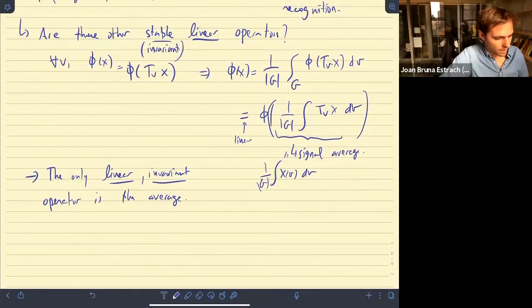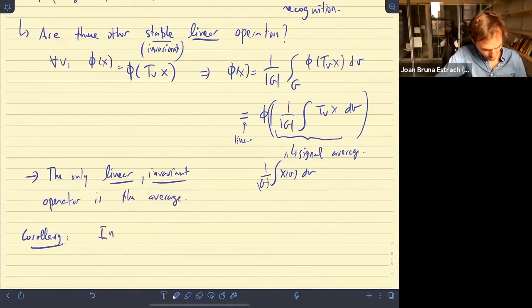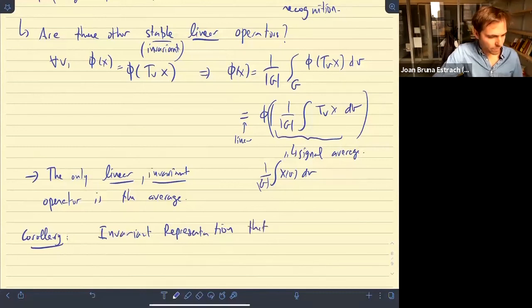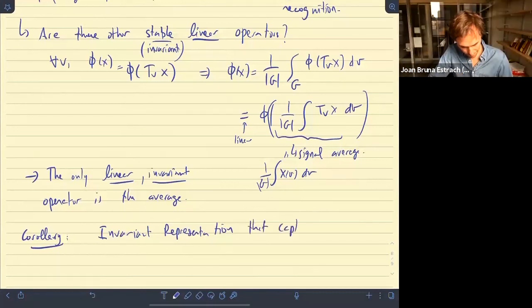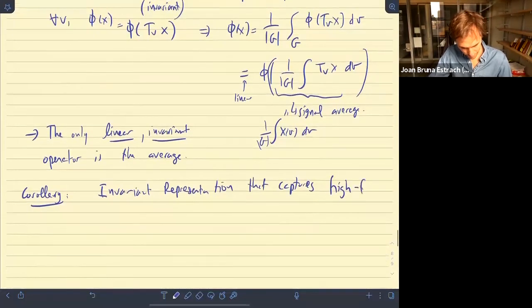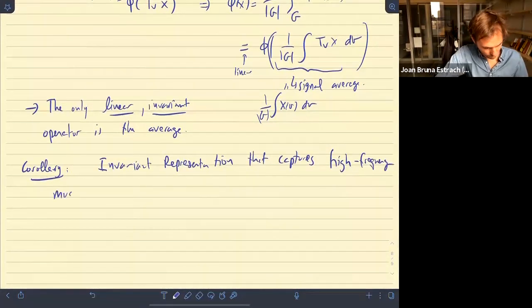Okay. So as a corollary, an invariant representation that captures high frequency must involve a nonlinearity.